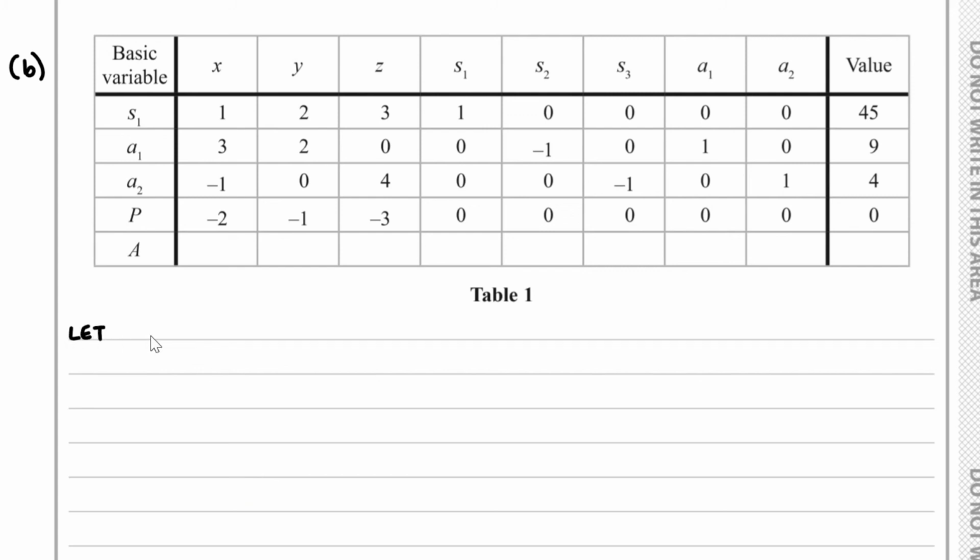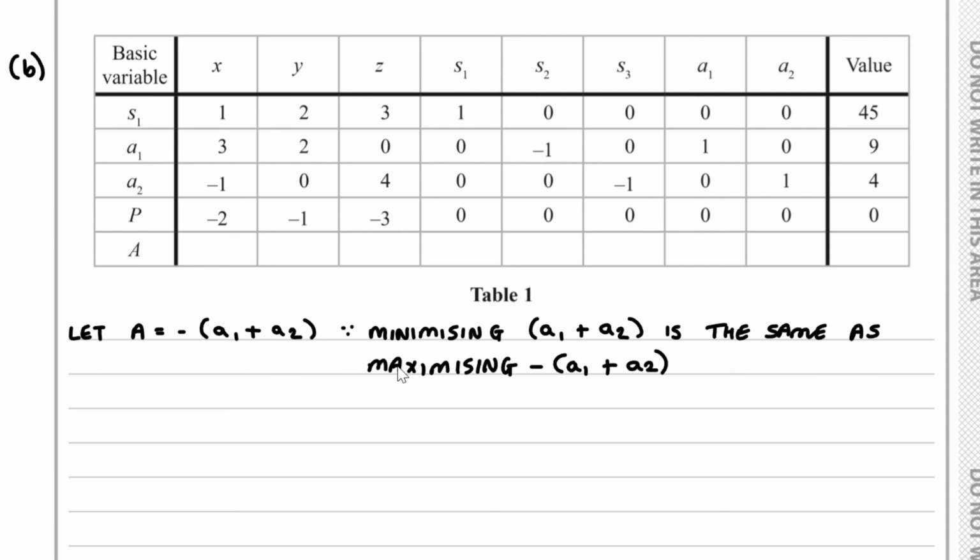we will let A equal minus the sum of A1 plus A2. And the reason we are doing this is because minimizing A1 plus A2 is the same as maximizing minus the sum of A1 plus A2.